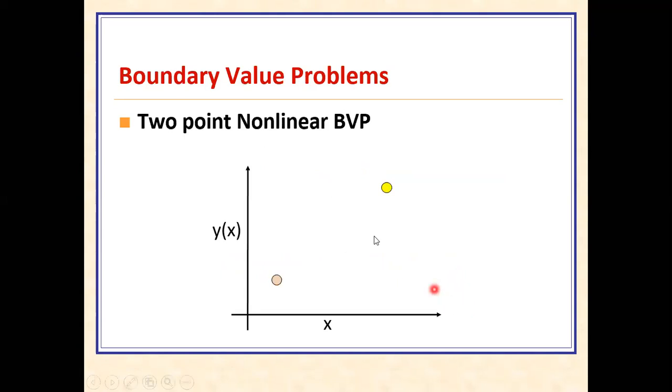As a quick review, a two-point nonlinear boundary value problem is defined with two distinct boundary conditions, and the solution that we have to look for is approximate, between the domain of x values from a to b.